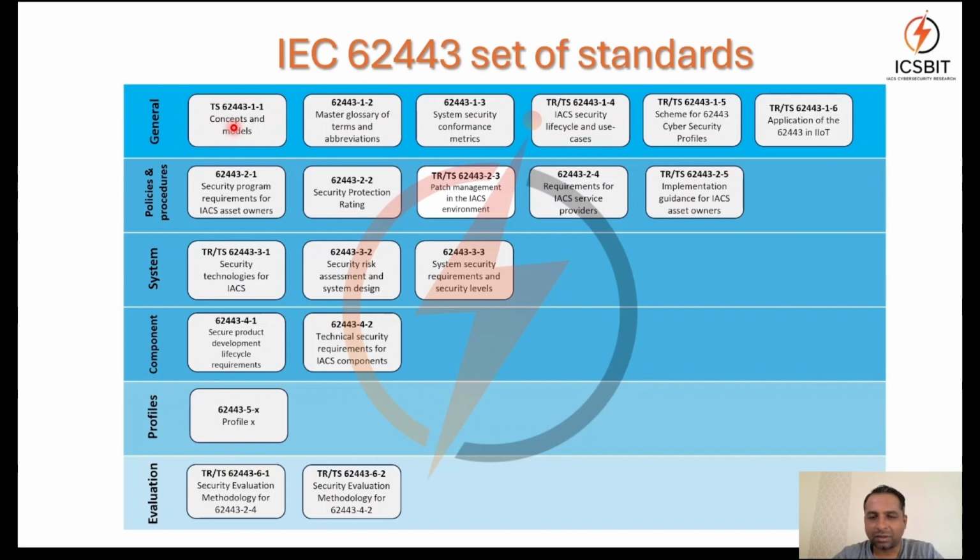So when you're trying to touch a solution, we have to go deep to touch upon systems, many systems, and when we try to assess systems, we end up assessing components. That's where your fourth slab comes into the picture, that is components. The documentation in this slab, that is components, has very minimal reference to the policies and procedures, that is asset owner and service provider.